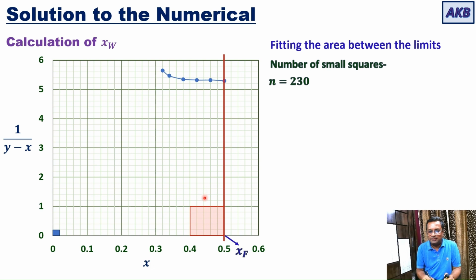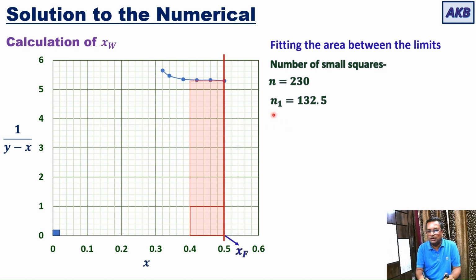With this, I can go vertically and cover the entire distance under the curve. How many squares will be covered? 25 plus 25, 50 plus 25, 75 plus 25, 100 plus 25, 125, and this will be additional.